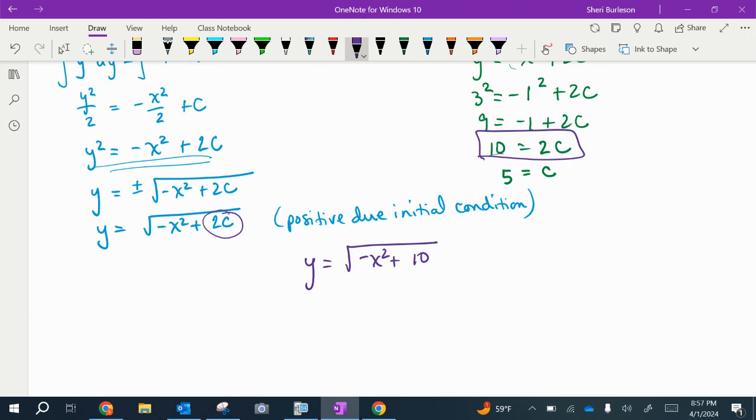If I didn't, and I went y equals the square root of negative x squared plus 2 times c, which I got was 5, I now need to simplify, which is the square root of negative x squared plus 10, which is the same thing I got when I recognized this is the constant that I am solving for.